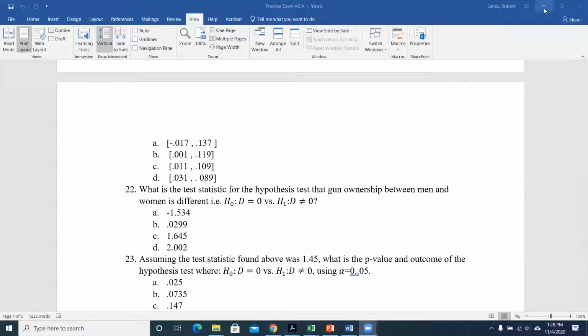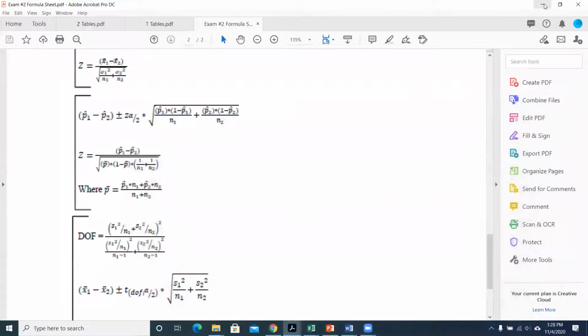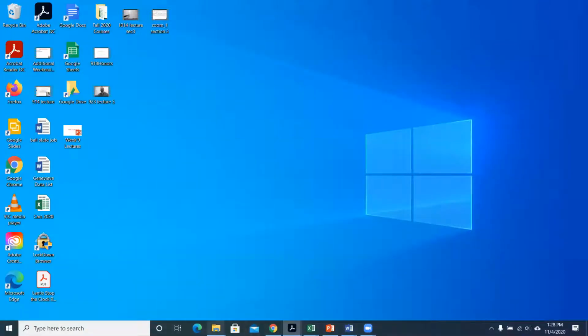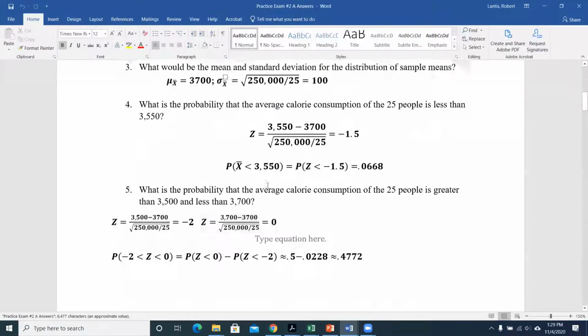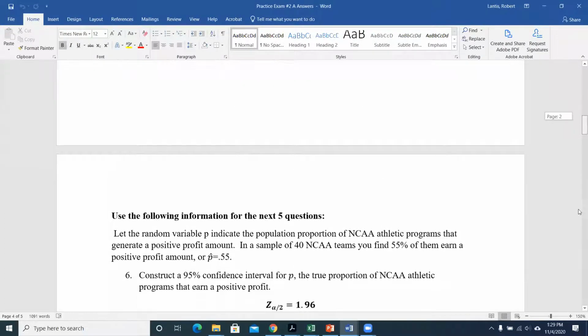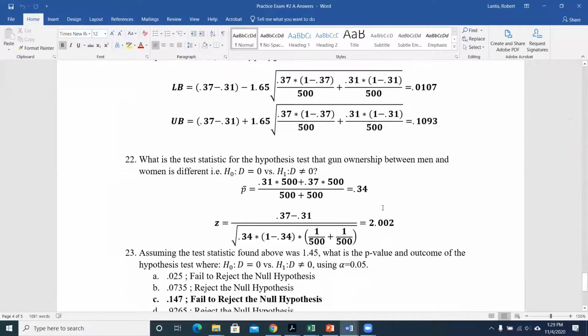So, the answer key has this where I plug all those values into those formulas. If you're working through these problems, I can write it out if you really want me to, but all I'm doing is, once I identify the equation I need to use, I calculate P bar, which ends up being 0.34 after I plug in my sample sizes and my sample proportions.